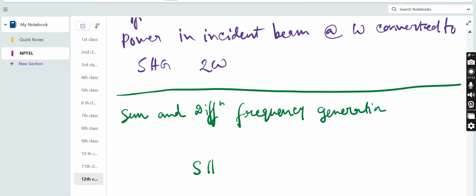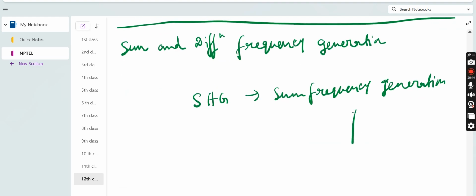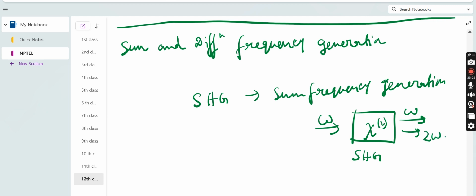So SHG is basically sum frequency generation when the input is only omega. So this is the material. We put in omega, and the material has chi 2, and we will get omega and 2 omega. And if the efficiency is so high, then all the omega will be converted into 2 omega.